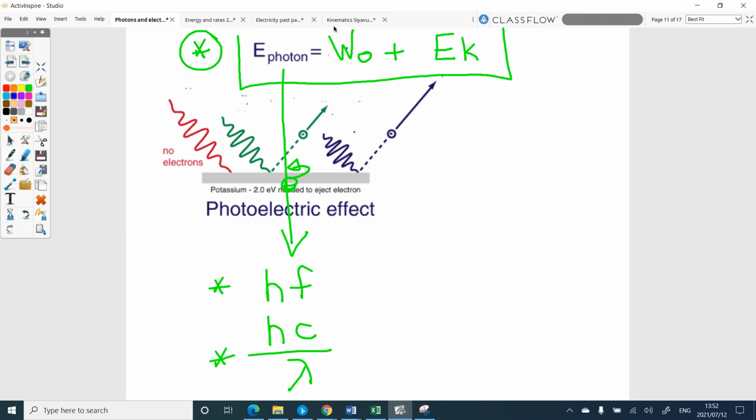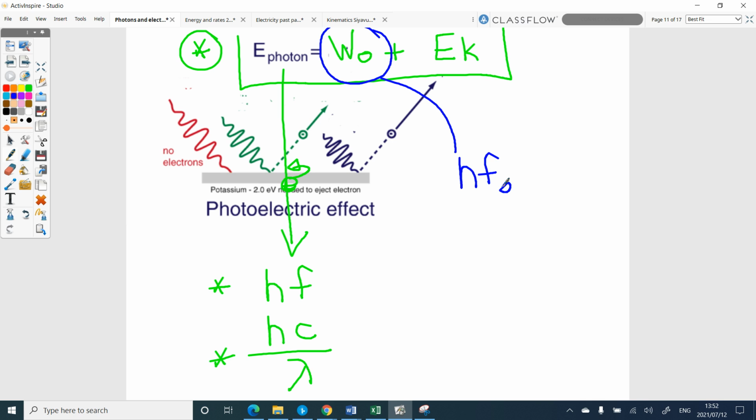Then for the work function, if they give you the work function, you leave it like that. You leave it as work function. If they don't give you the work function, but they give you the threshold frequency of the metal, what are you going to change it into then? Equal to h times f. hf, but this f is a special f, remember? hf subscript 0.